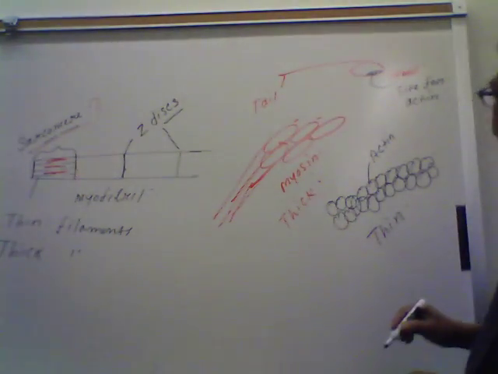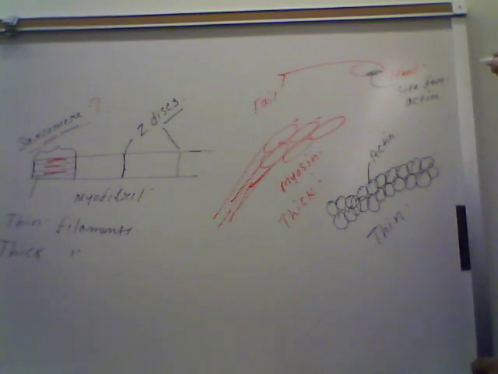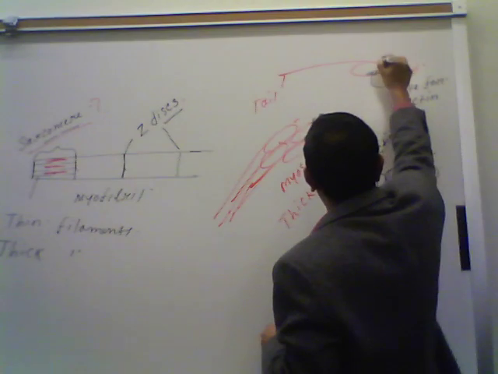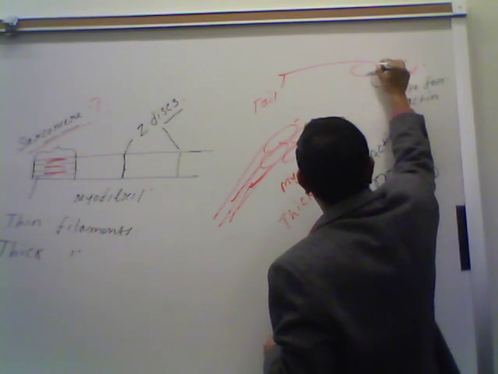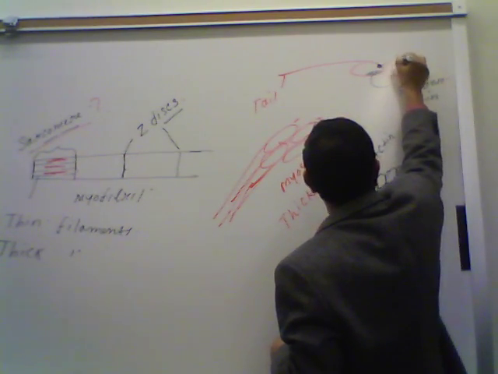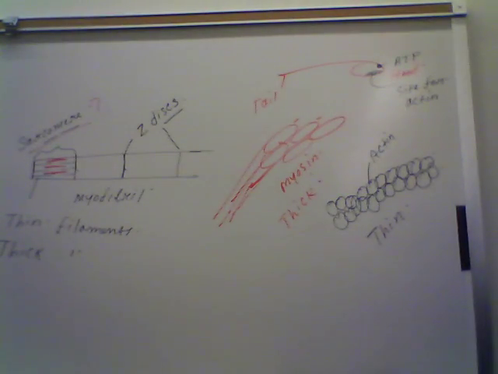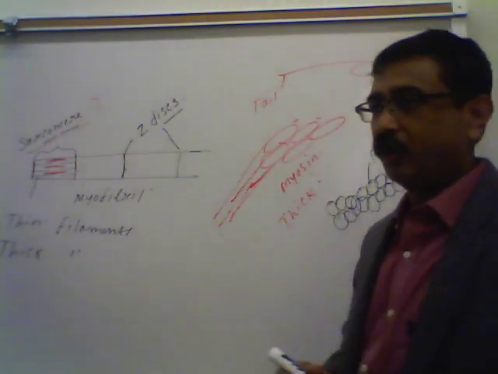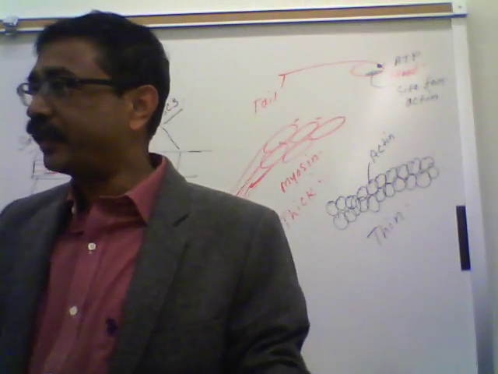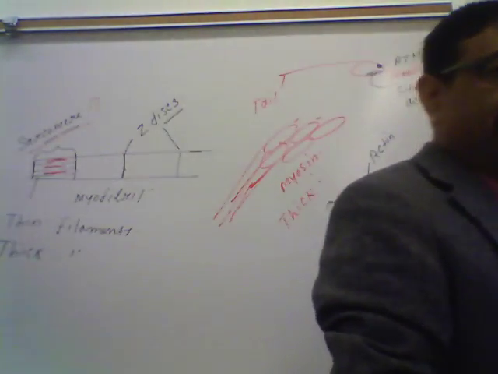On the myosin head, you have a binding site for actin. Also, you have a binding site for ATP. So those are two important binding sites present on the myosin head.